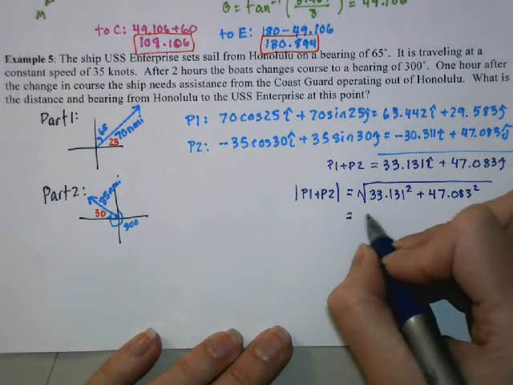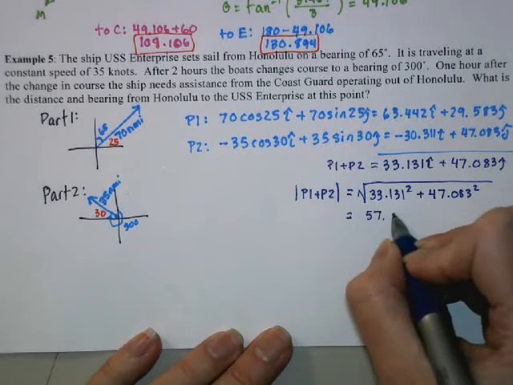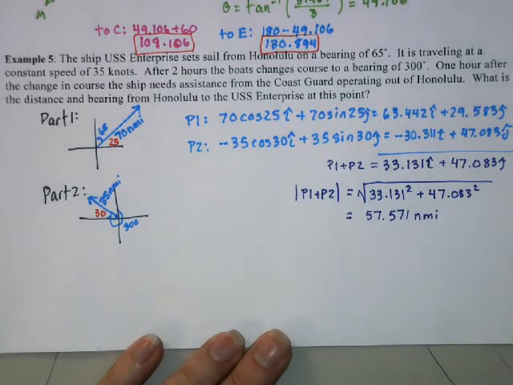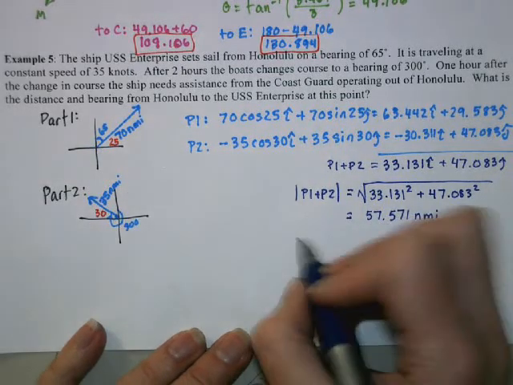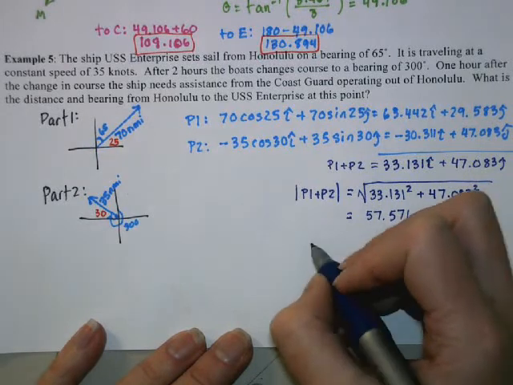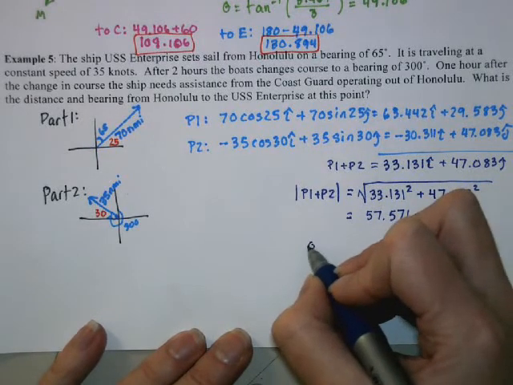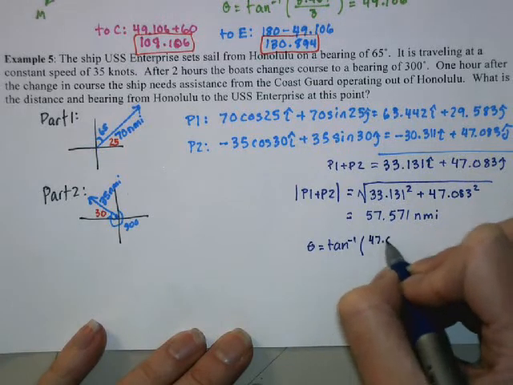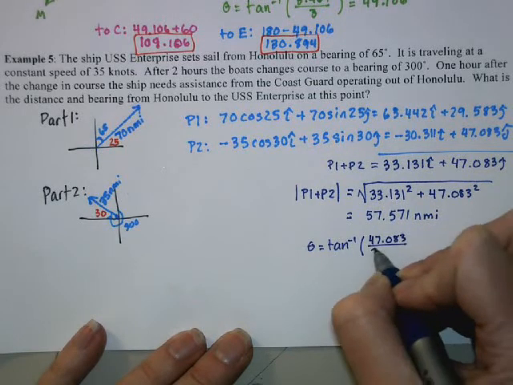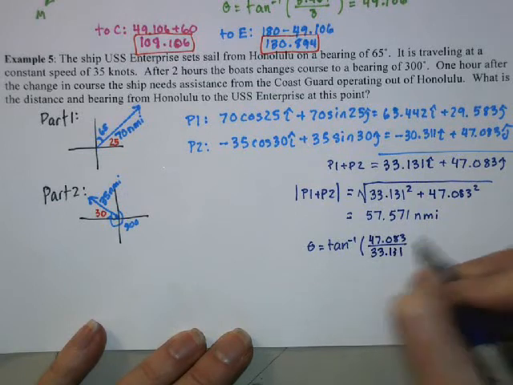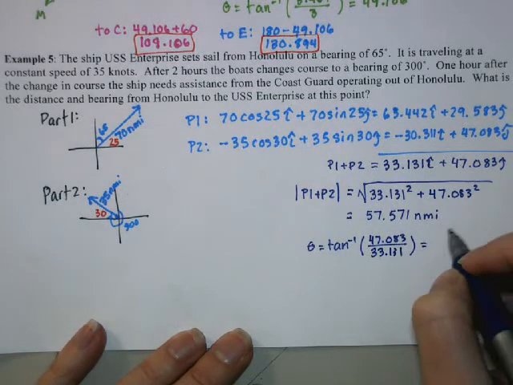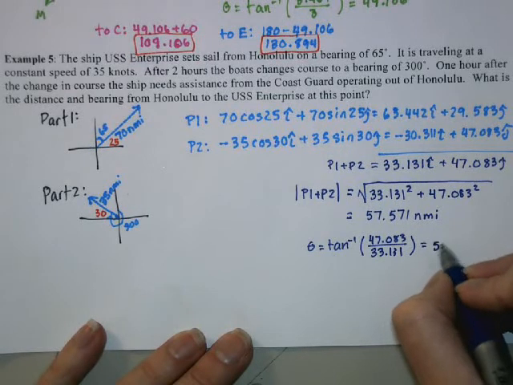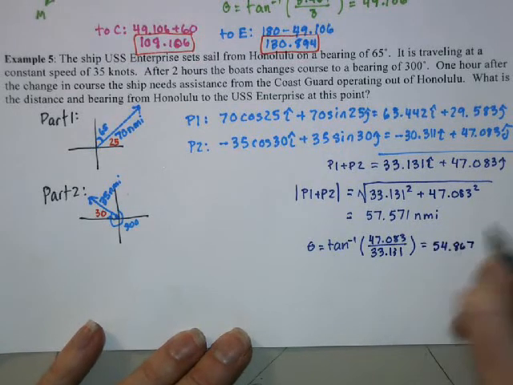So the distance is going to be 57.571 nautical miles away. For the direction, we get 54.867.